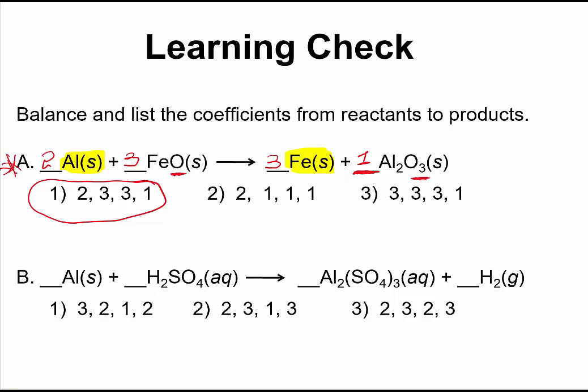Let us take a look at question B. Again, we have an isolated element here, aluminum. We can balance it last, and we're going to balance it last. But there is one more trick that I would love to teach you in question B. Anytime you see a polyatomic ion in a chemical equation, you can easily balance the polyatomic ion.